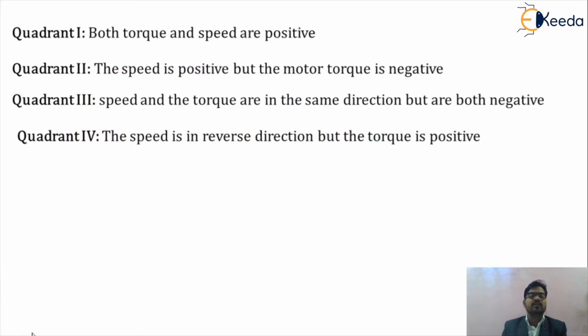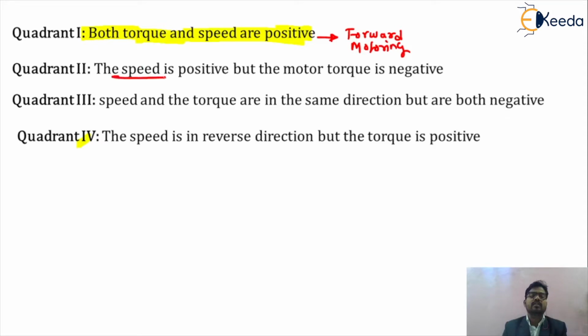So we are applying this multi-quadrant operation. In the first quadrant, both torque and speed are positive, so we call it forward motoring.